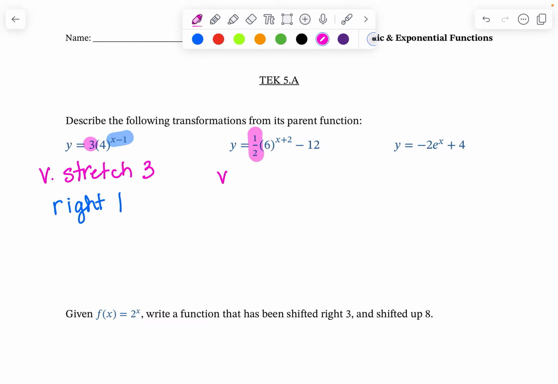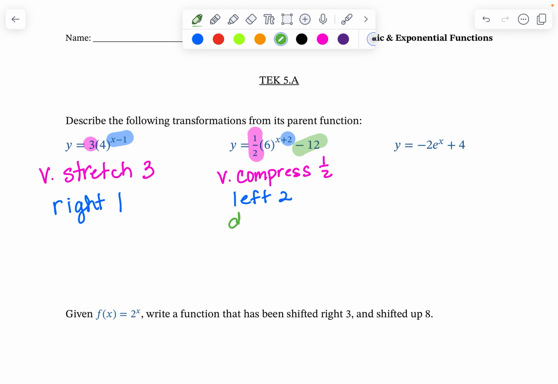And I forgot to reflect on the x-axis with that negative. And then if you look at the very end, what you see is what you write. It's going to go up 4. Okay, next one.